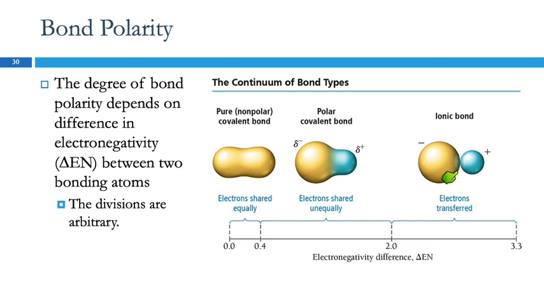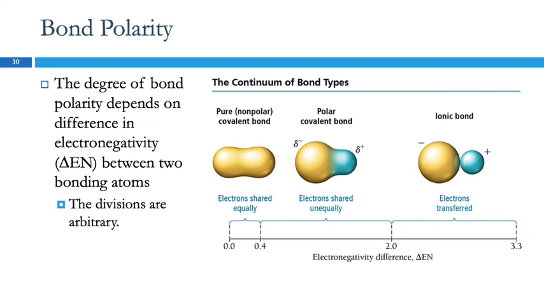This is where the one little boy is so attracted to this other one that he actually moves over there, and he doesn't live here anymore. So he's transferred. He's moved to the other house because it was so much better than his house. And here, the electrons still spend some time at both houses, but they're going to spend more time at the one that's more electronegative. It's more attractive.